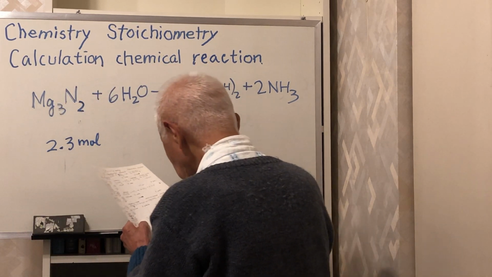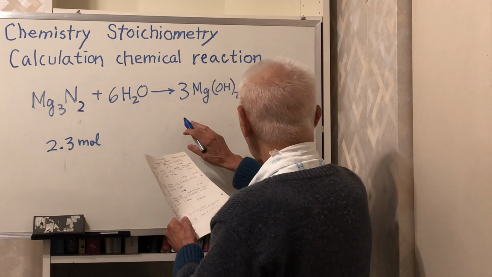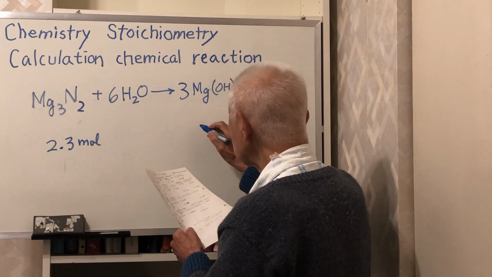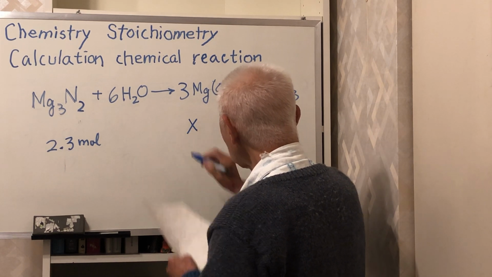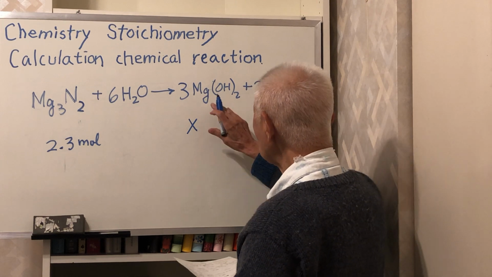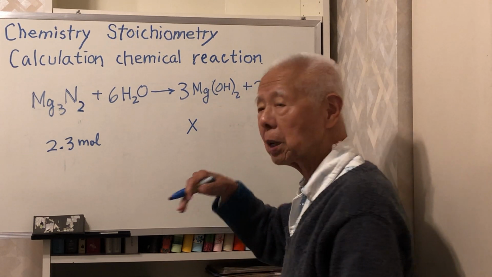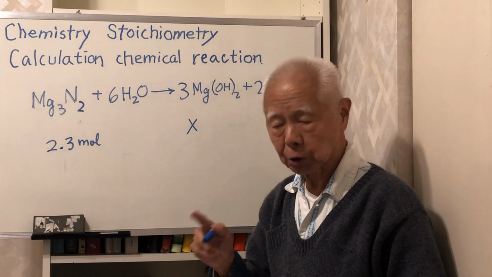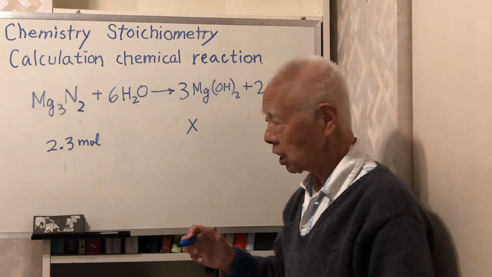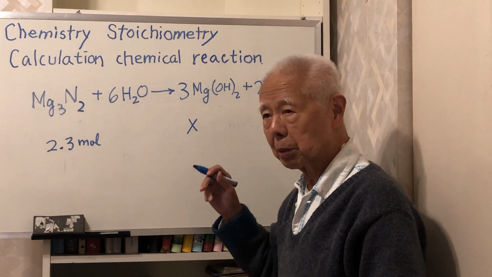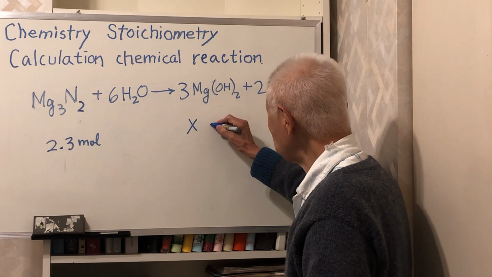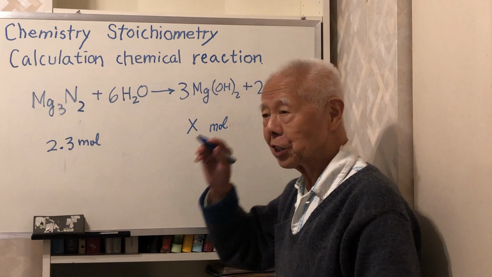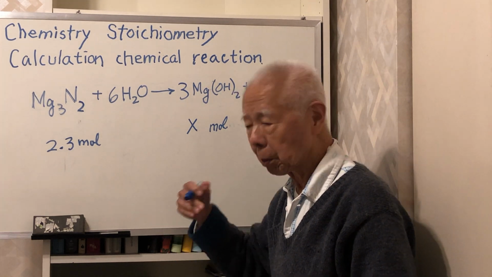But I want to find how many magnesium hydroxide will be produced. How many what? It's not how many mole, but I want to find how many molecules of magnesium hydroxide will be produced. Just like part A, instead of finding how many molecules, I want to find how many moles first, and then change the number of moles to number of molecules.